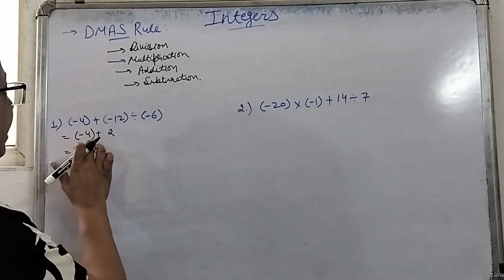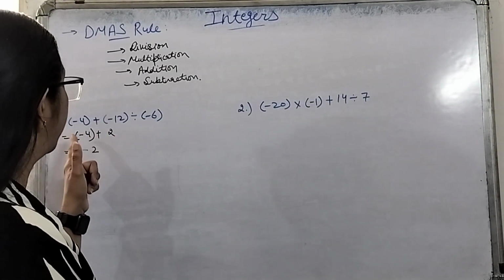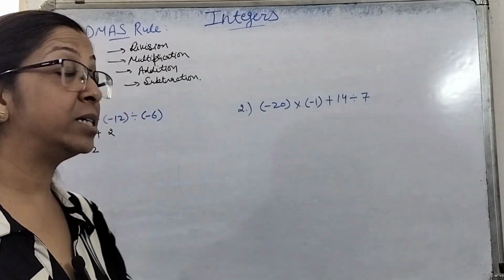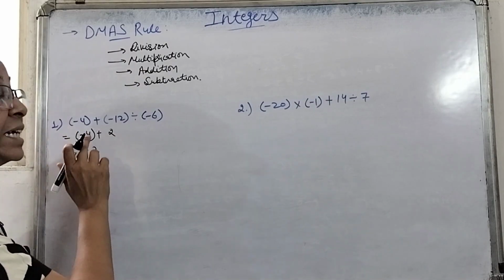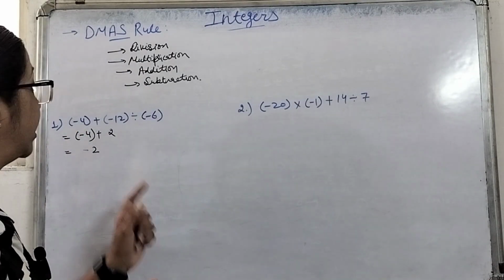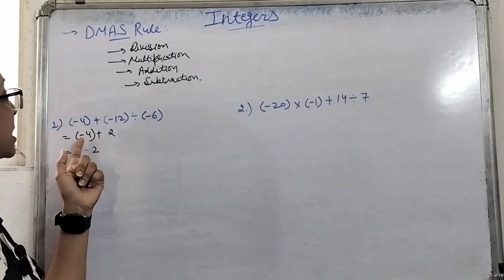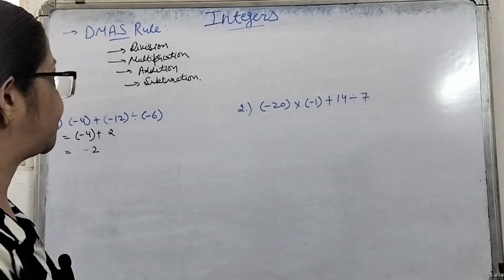If we have to add two integers with opposite signs, we subtract the numbers, and whichever number is greater, we apply its sign. Here 4 is greater than 2 and 4 is negative, so the final answer will be minus 2.